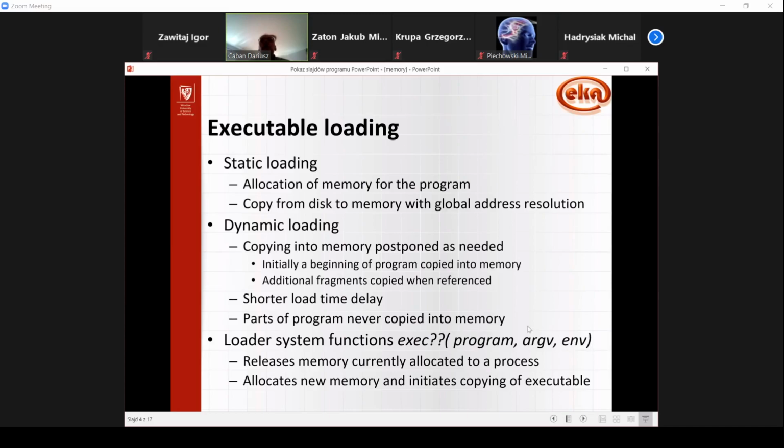It needs three arguments, that is the executable program file. That means the path to a file that contains the executable, but it also needs arguments which you need to pass to the program when it is running, and also environmental variables that you also need to pass to the program.